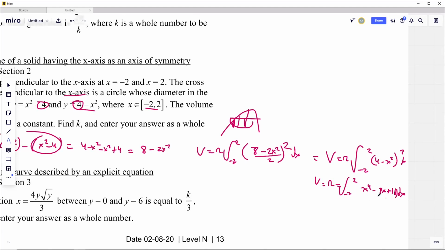This is 16. And then immediately we integrate x to the power 5 over 5 minus 4x squared divided by 2 plus 16x, and then just substitute the numbers. You're going to get somewhere around, and actually not around, it's an accurate number, 512 pi over 15.